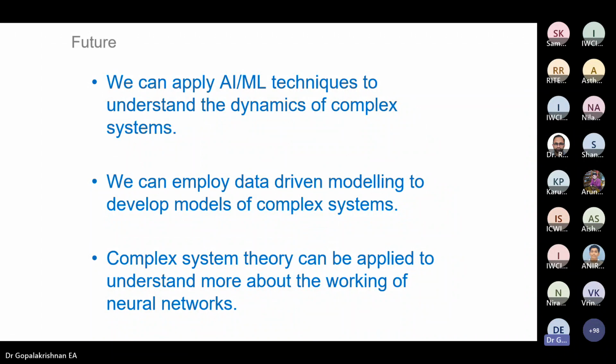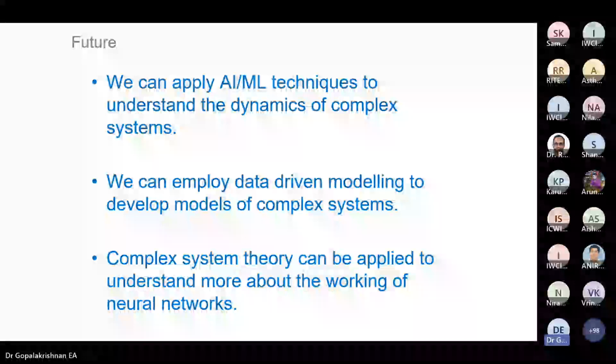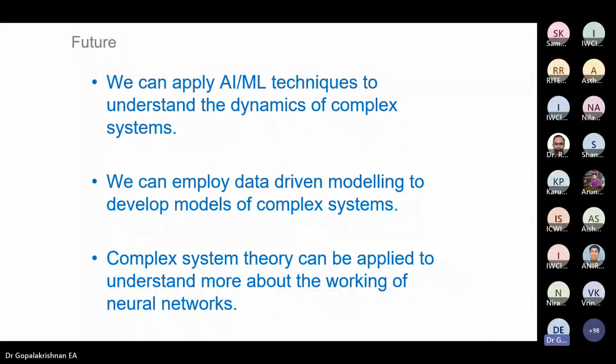Many attempts are made to understand that as a problem of self-organization or emergence, because these neurons are individual units interacting with each other in a nonlinear fashion, and learning is an emergent property. That is another perspective you could bring.